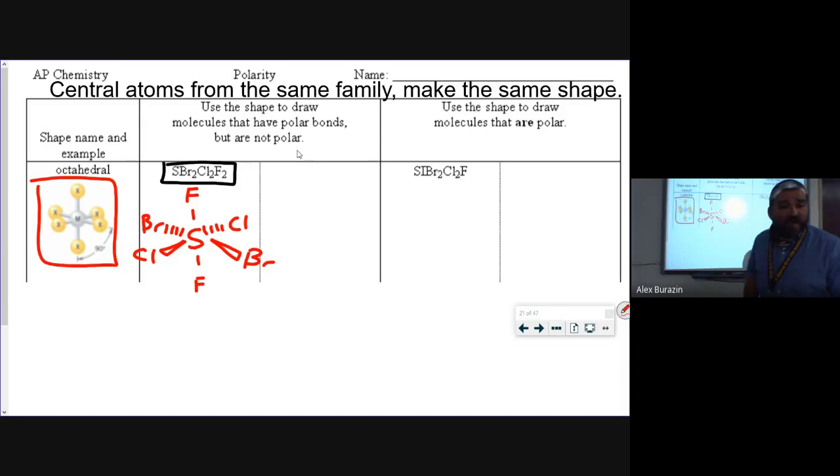But the net result, once we consider all 6 of them in conjunction, right? The fluorines pull equal and opposite. The chlorines pull equal and opposite. The bromines pull equal and opposite. They all cancel out. So we have polar bonds, but a non-polar molecule as a result of where these atoms are all located in this three-dimensional structure.